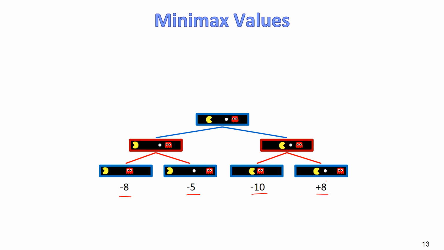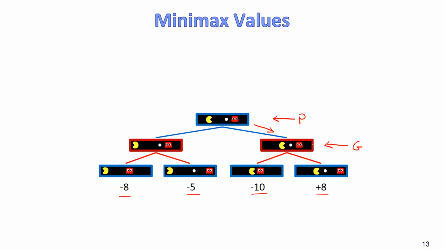So maybe Pac-Man will be tempted to go right here, because that's the only way to get this state, right? Is to go right, because remember, Pac-Man controls this state, and the ghost controls that state. So Pac-Man might be tempted to go right, hoping that it can get +8.